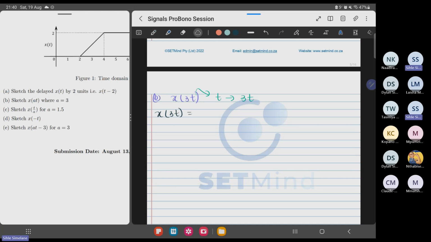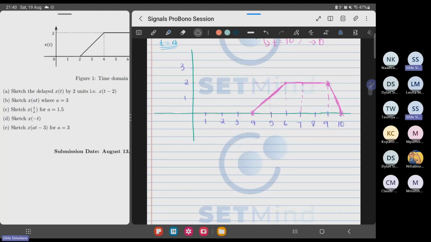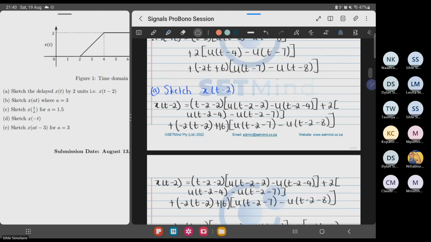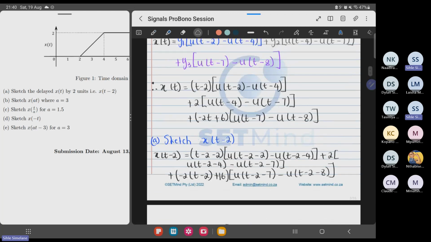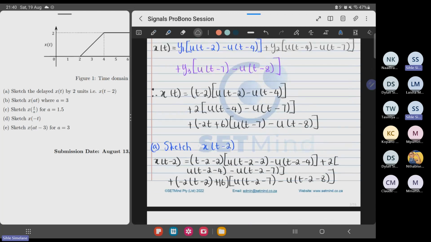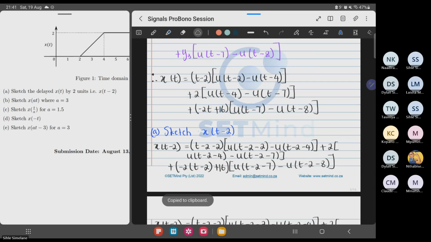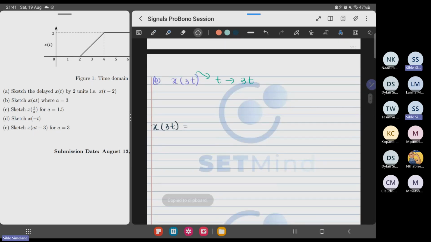So let me copy my x of t and put it just before this so that it will make my life easy. So here's my x of t here. I'm missing a 1 here. Let's copy our x of t and quickly do the sketch here.